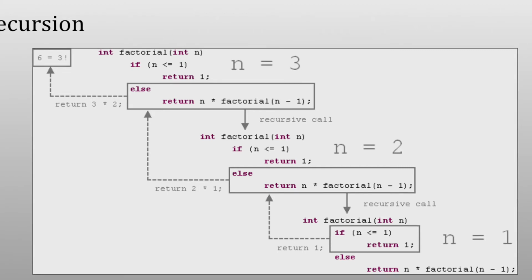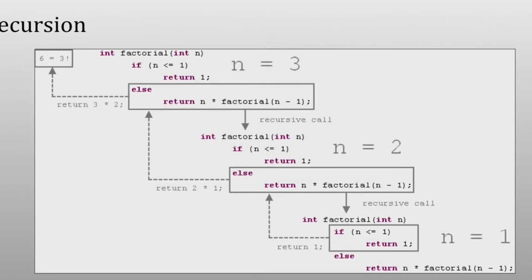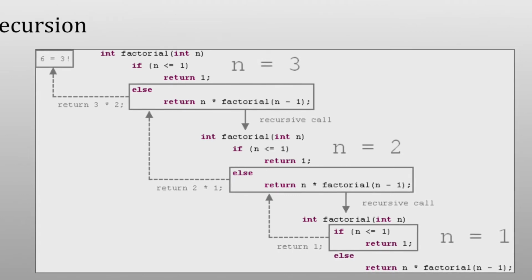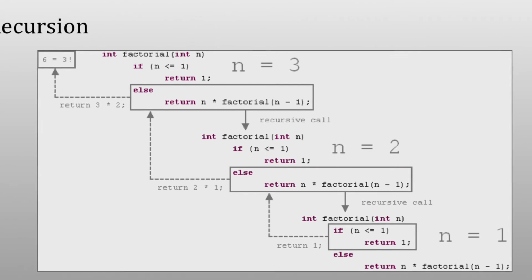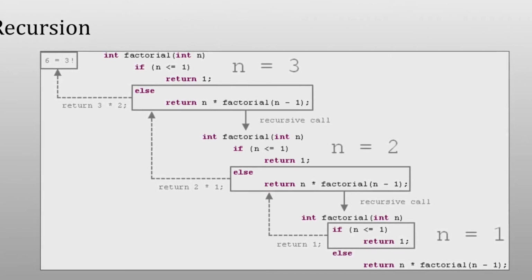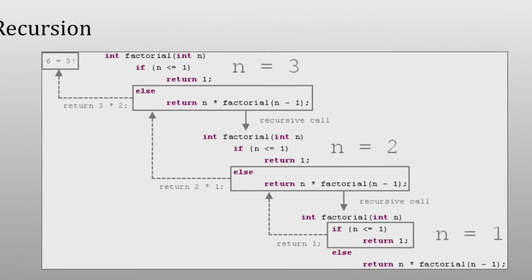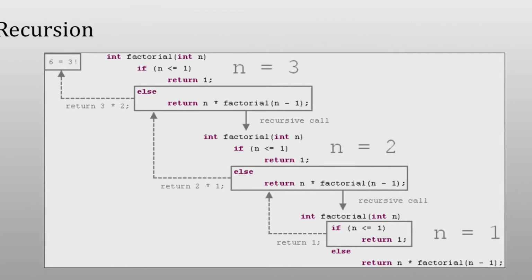One of the simplest examples of a recursive definition is that for the factorial function. The factorial of n is equal to 1 if n is equal to 0, else it would be n times factorial of n minus 1. That's how you would define the factorial function in programming.